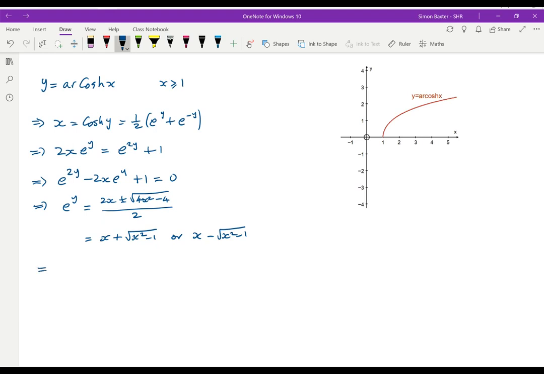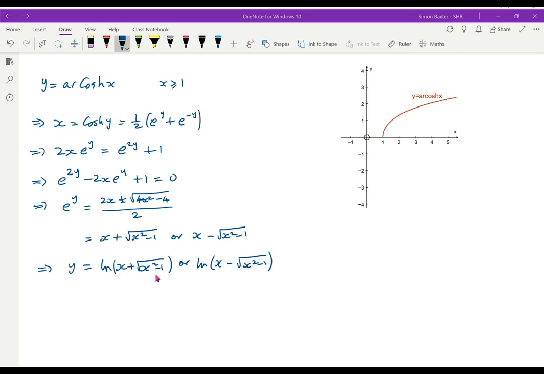So this now gives us that y is equal to log of x plus root x squared minus 1, or log of x minus root x squared minus 1. I hope you've noticed you have a problem. For one value of x, we're only allowed one value of y for a function. And x has to be greater than or equal to 1.